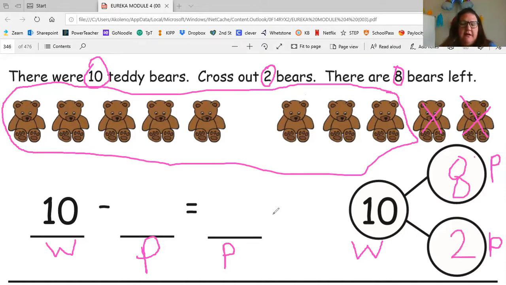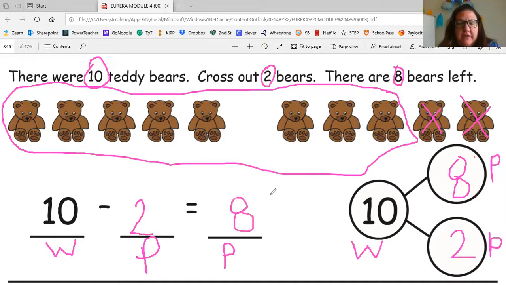Good. Now I wonder which number goes in which spot. 10 minus 2 equals 8. I think that might be it. 10 minus 2 equals 8.